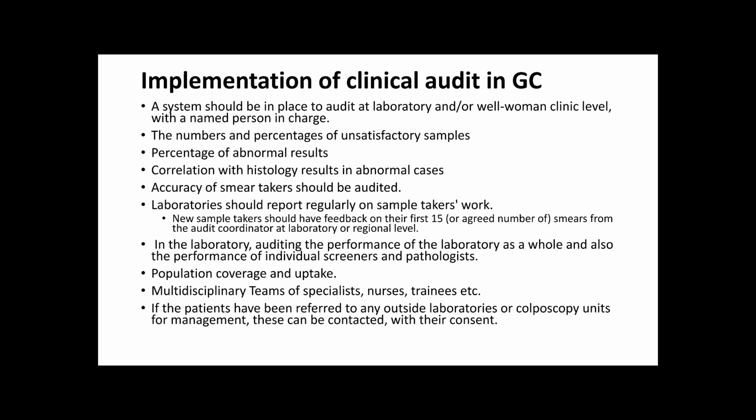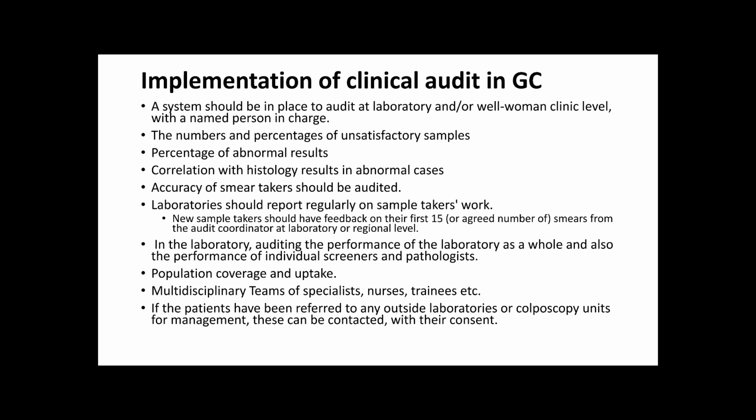A system should be in place to audit at laboratory and or well woman clinic level with a named person in charge. The numbers and the percentage of unsatisfactory samples, and the percentage of abnormal results.